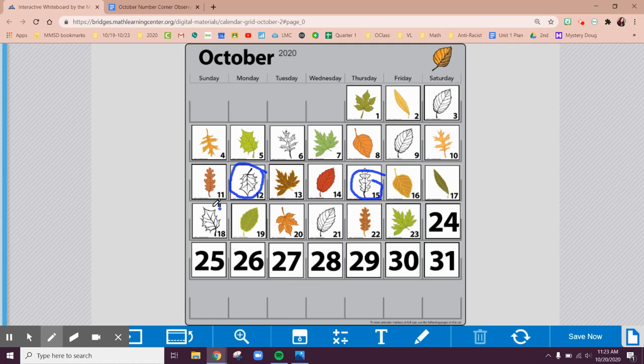Another example, for the 18th of October, we had a black and white leaf. Then we had 1, 2 leaves with color, and then we had another black and white leaf. So here we go. We have 1 colored leaf, 2 leaves with color, and so let's see what 24 gives us. We were correct. It was a black and white leaf.